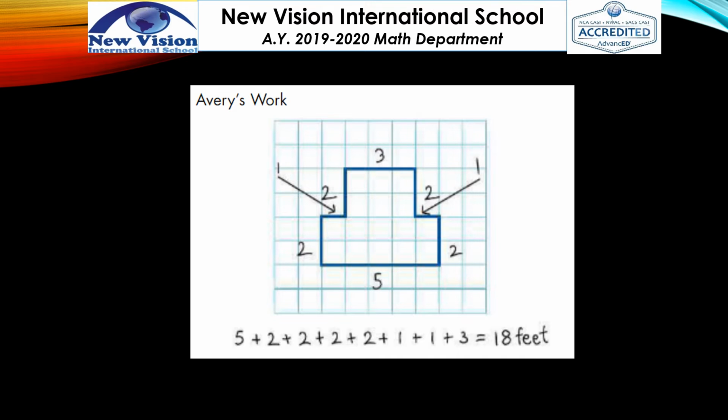And now, this is what she got. 5 plus 2 plus 2 plus 2 plus 2 plus 2 plus 1 plus 1 plus 3. That is equal to 18 feet. Hence, the perimeter of the garden is 18 feet.